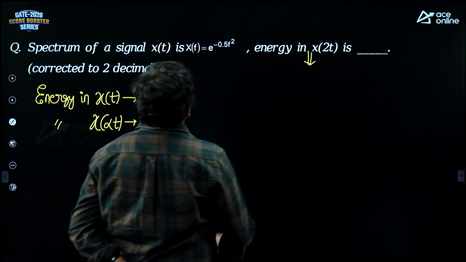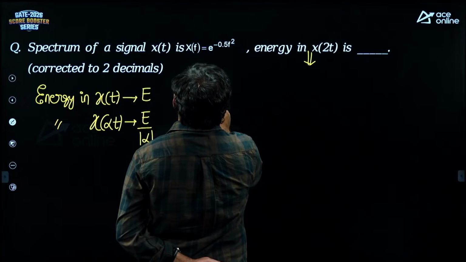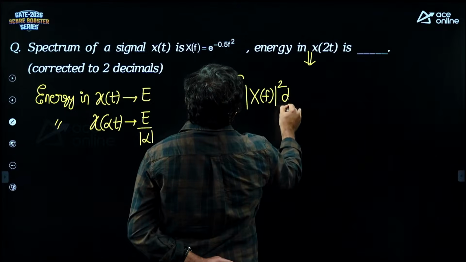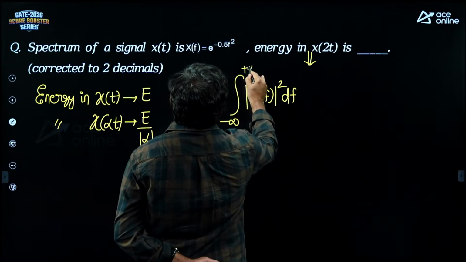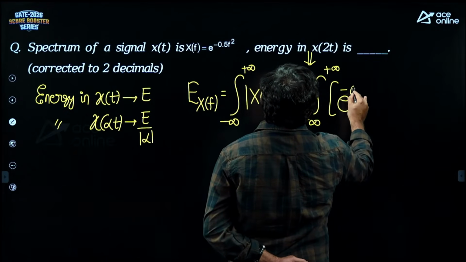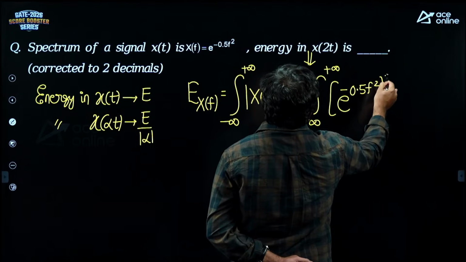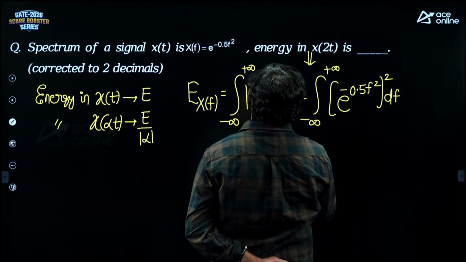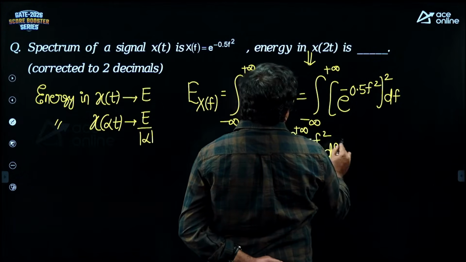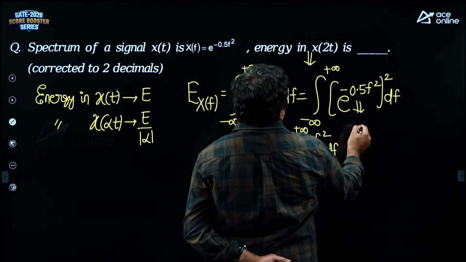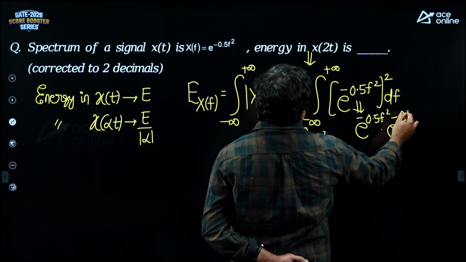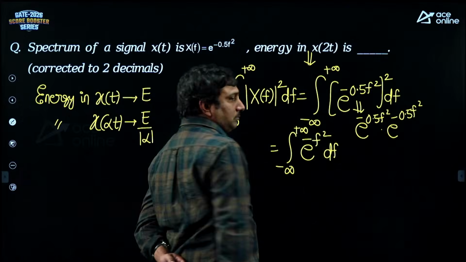Let us find the energy in the spectrum using Parseval's relation: integral of mod X of f square df. That is e power minus 0.5 f square whole square df. So it becomes e power minus f square, because e power minus 0.5 f square times itself follows a power m into a power n equals a power m plus n.